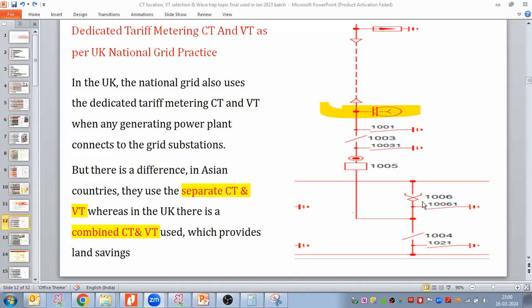I'll take this topic separately. I think I have approximately 100 pages of presentations only on disconnectors, considering the Indian and UK practices.